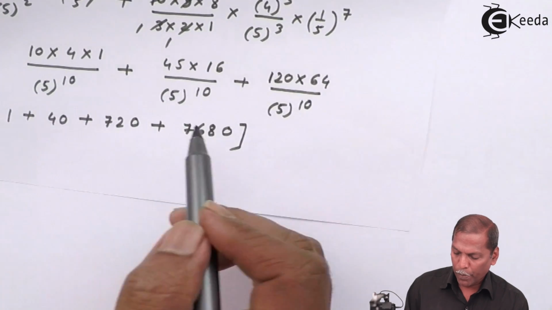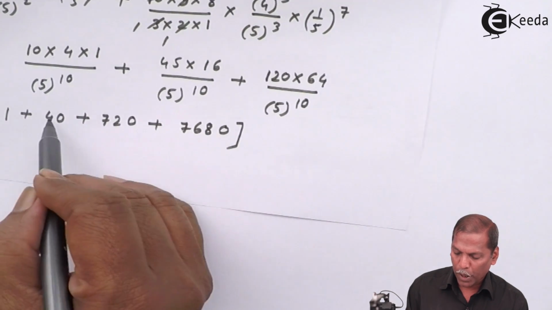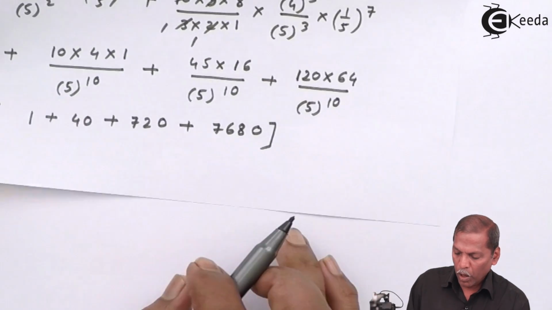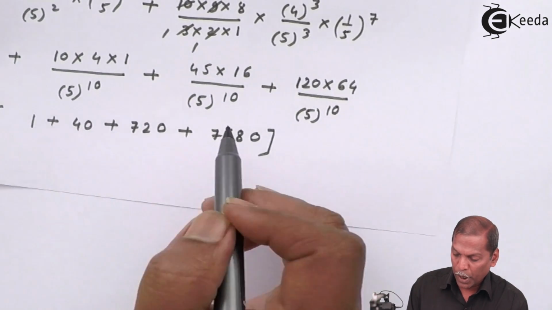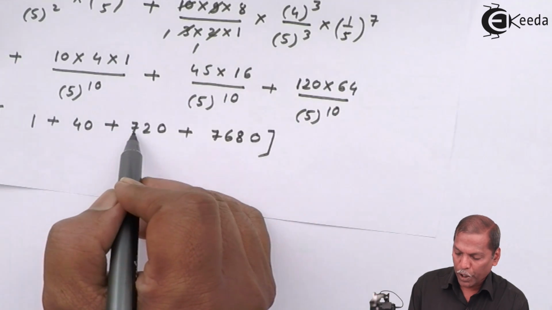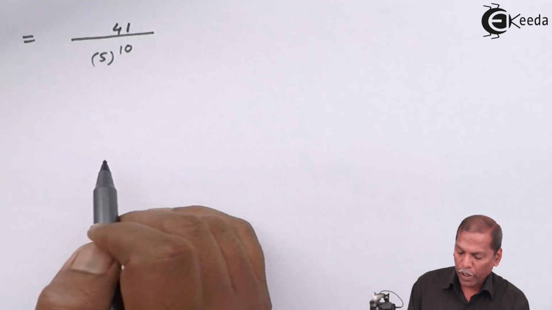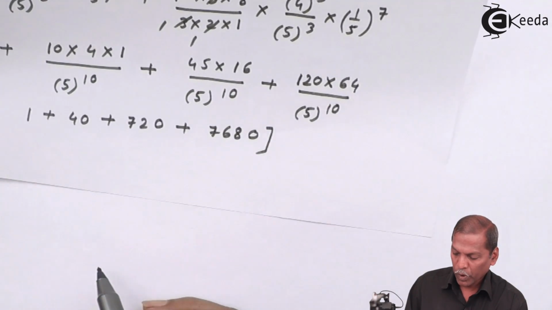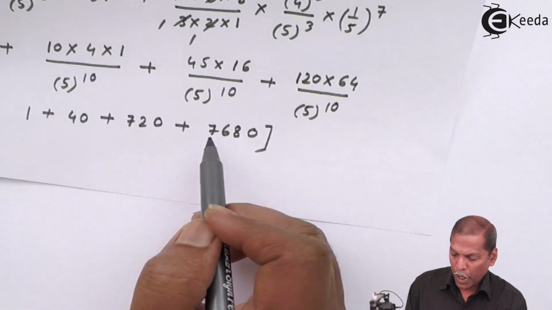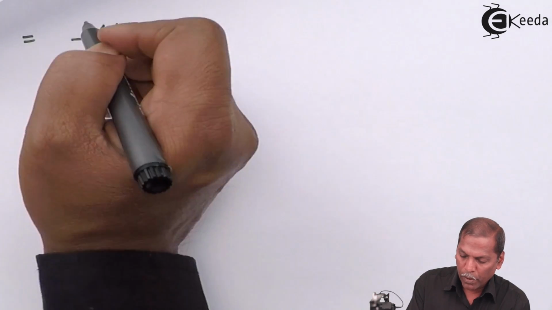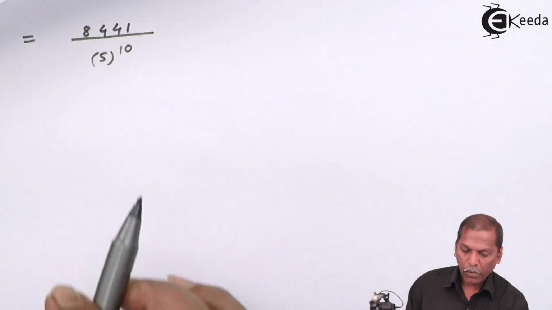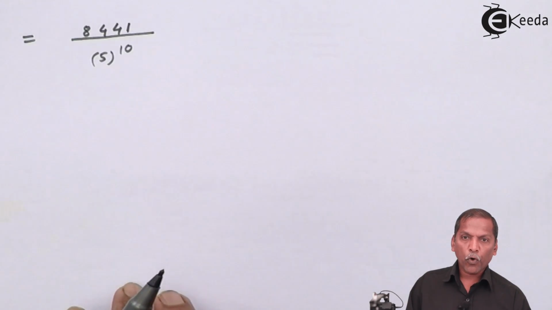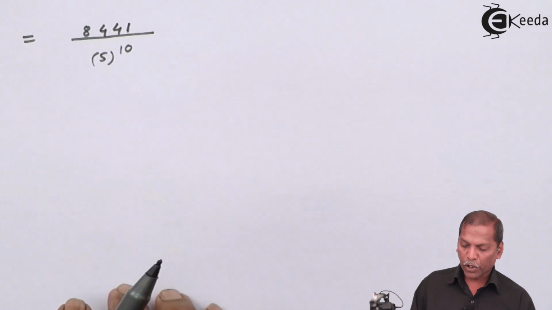Then 8 plus 2 is 10 plus 4, that is 14, carry 1, and then 6 plus 7 is 13 plus 1 is 14, carry 1, and then 7 plus 1 is 8. So we have the number 8441 divided by 5 raised to 10.